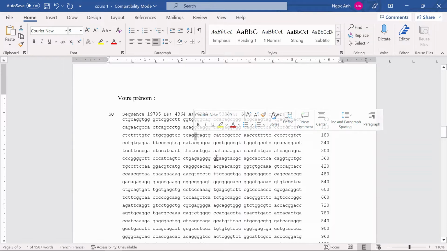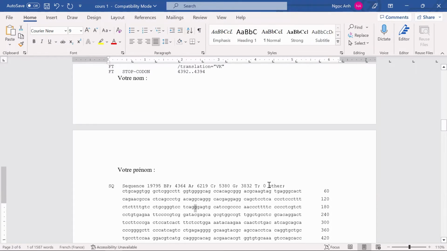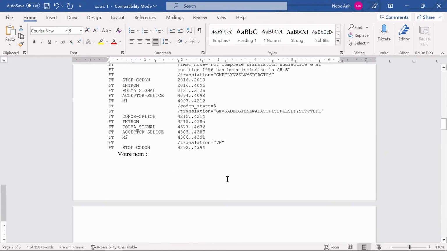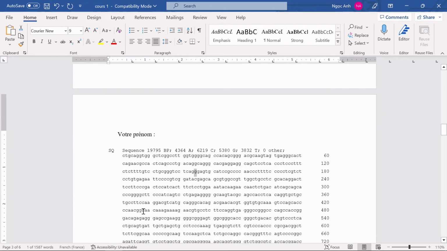And what is the end of the CH1? The end position, 456. Exactly. 400, 30, 40, there are 10, 51, 52, 3, 4, 5, 6, this one.